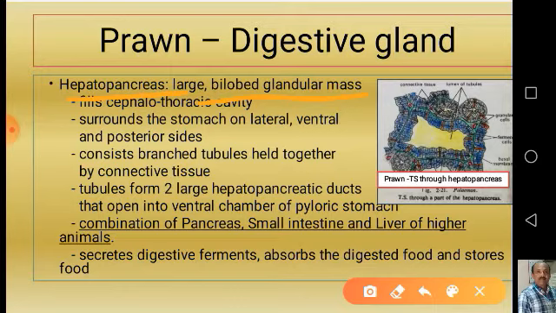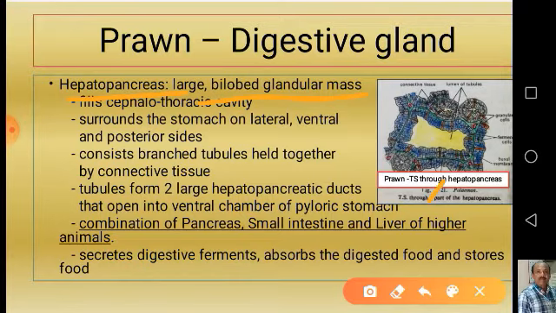It occupies a large portion of the cephalothorax and consists of two separate lobes. It is sometimes called the liver by some authors. The hepatopancreas consists of numerous branched tubules. These branches of the tubules are closely set and firmly held by connective tissue.